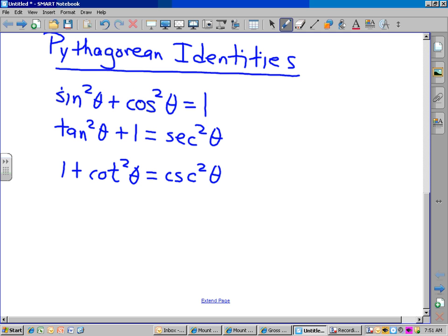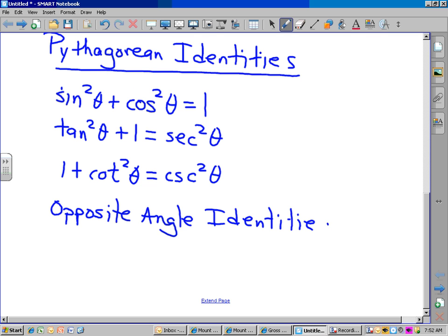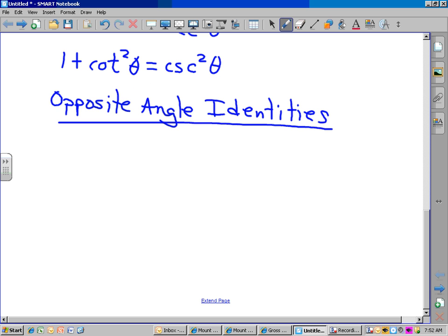Then we have what's called the opposite angle identities. Sine of negative theta is equal to something. The cosine of negative theta is equal to something. The question is, does the negative stay or does the negative go?